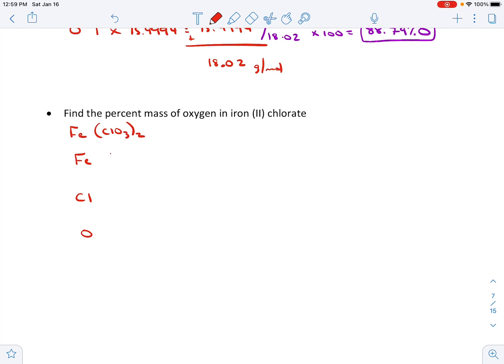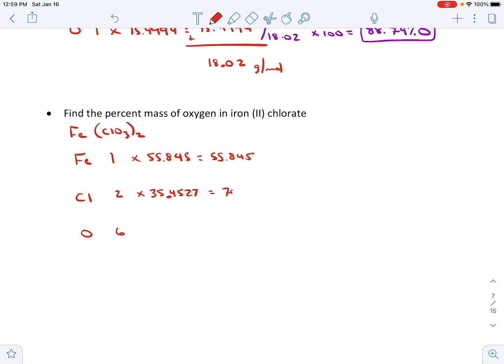So 1 iron, 2 chlorines, and 6 oxygen. So we're going to take 1 times 55.845. Even though we're just finding oxygen, we still have to do this step because we've got to find the molar mass. So we're going to take 2 times 35.4527.